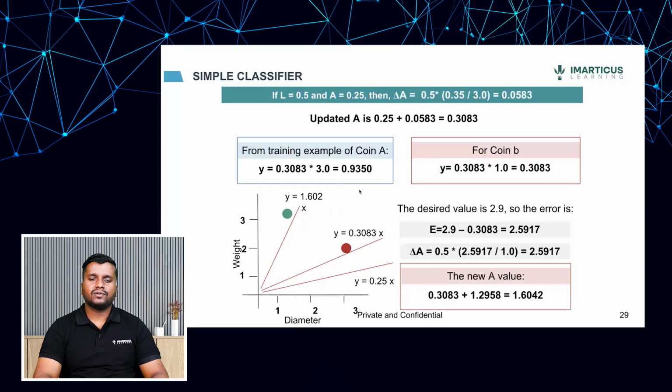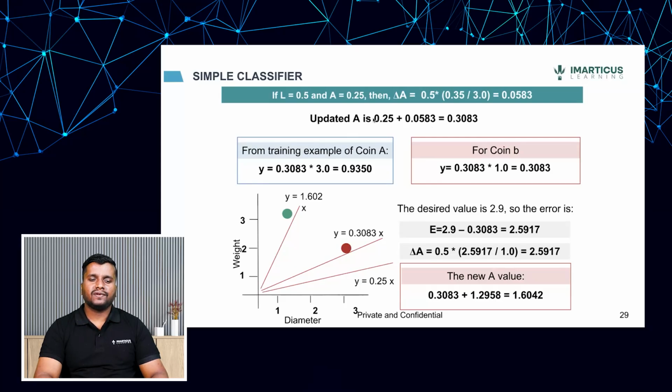So if L is equal to 0.5 and A is equal to 0.25, then delta A is going to be 0.5 into 0.35 divided by 3.0, which comes to 0.0583. Now, if you want to update the weight of A, it is going to be 0.25 plus 0.0583.